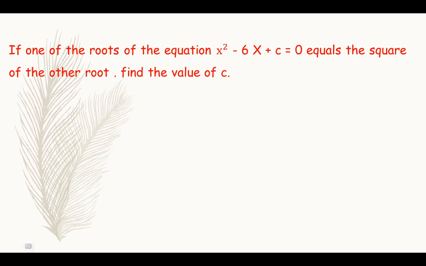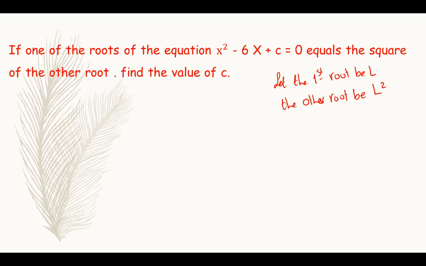So here we have a relation between the two roots: one of them is the square of the other. Very easy. Let the first root be L. The other root will be the square of L, so it will be L power of 2.